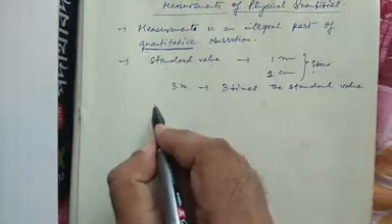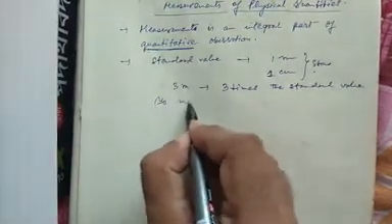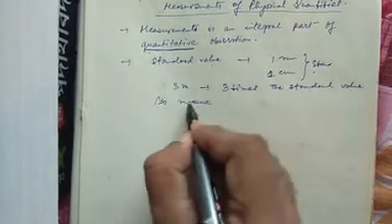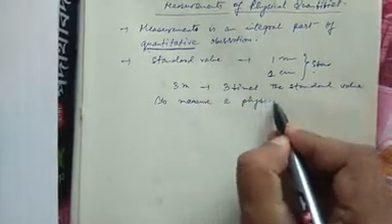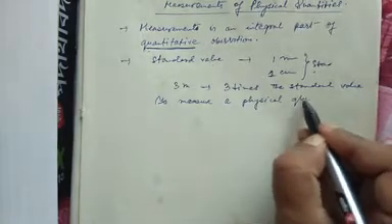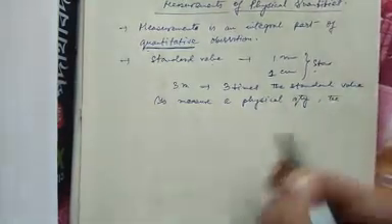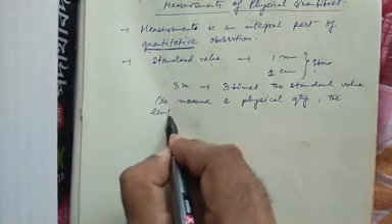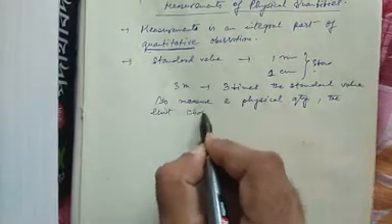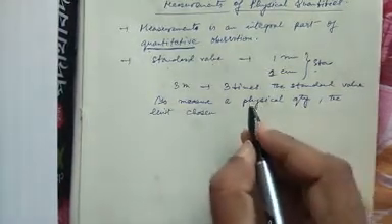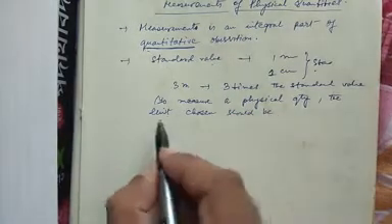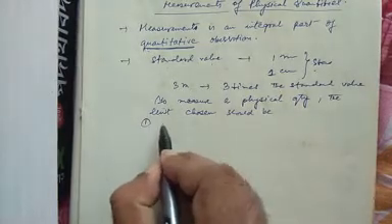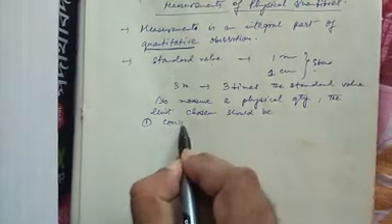Now, to measure a physical quantity, the unit chosen should be, number one, you can write, of convenient size.